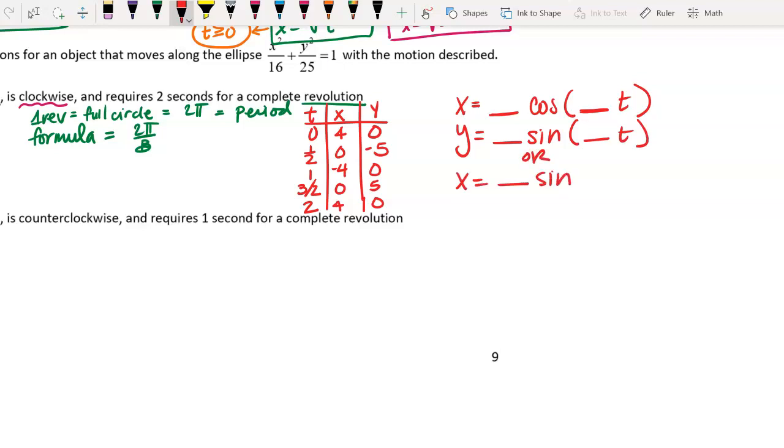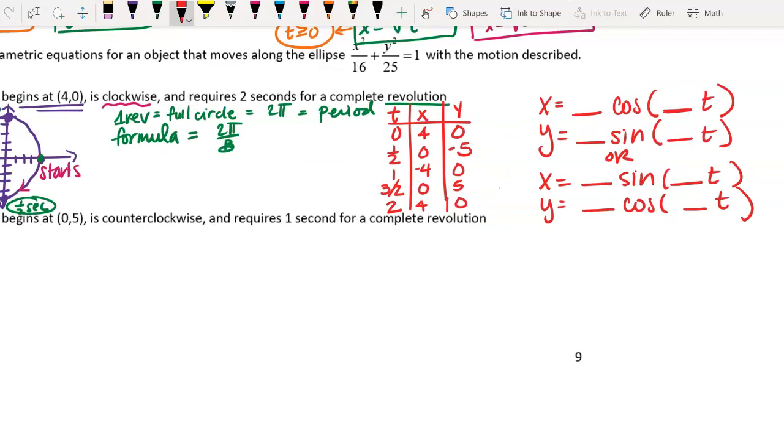X can start with sine first, and then if x is already sine, then y will be cosine. And so the blank spaces is what we fill in. And now we decide, is it the first 2 equations, x equals, y equals, or the bottom 2 equations? And we decide based on our information.